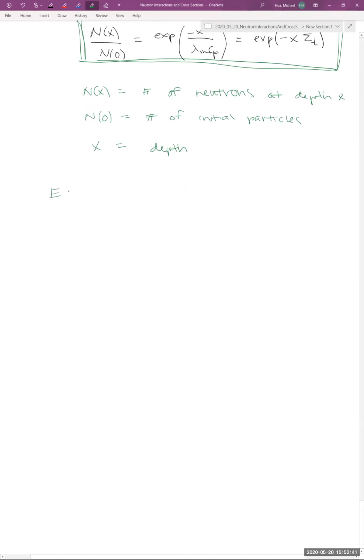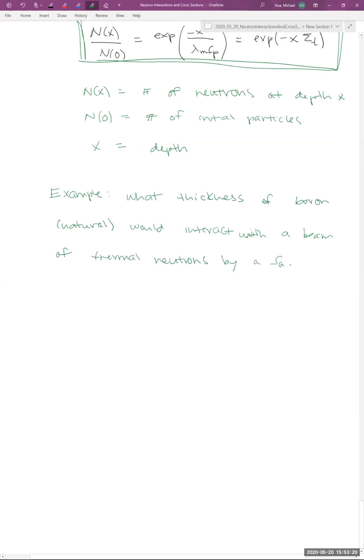So the example is, what thickness of boron, I'll say that this is natural boron, would interact with a beam of thermal neutrons by a factor of 10 to the 6.